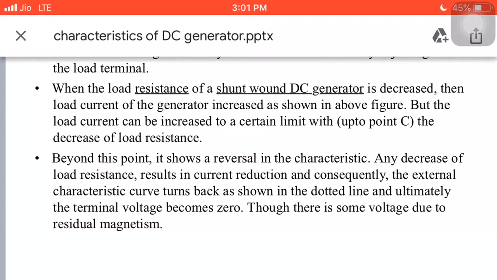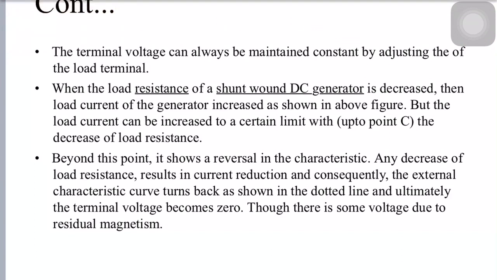And next one, in DC shunt generators, the terminal voltage can be maintained constant by adjusting the load. When the load resistance of a shunt wound DC generator is decreased, then the load current of the generator increases.